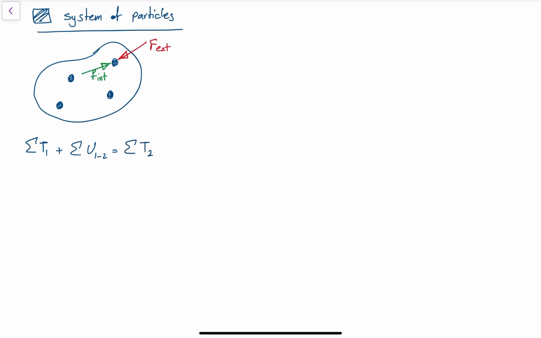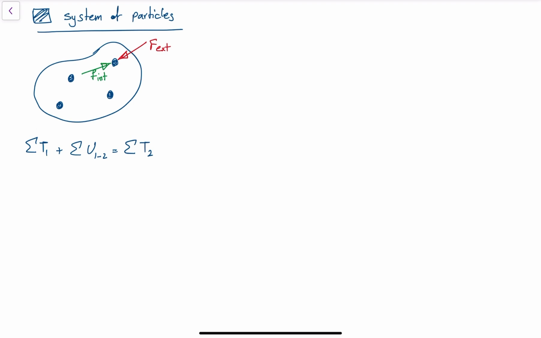That will give you the final kinetic energy of the entire system. So these summations are over all particles in your system, and the summation for work is over all forces, internal and external.